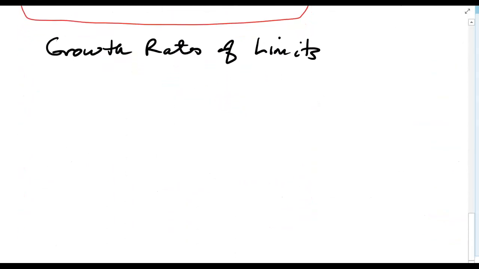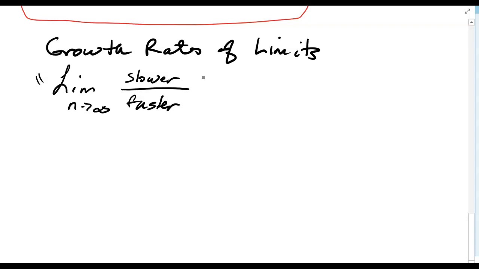And there's actually an order to this growth rate. I'm going to write something down that really does not have a mathematical reason, but I think you'll understand it. The idea is the limit as n approaches infinity, if your numerator grows at a slower rate and your denominator grows at a faster rate, your limit is going to equal 0.